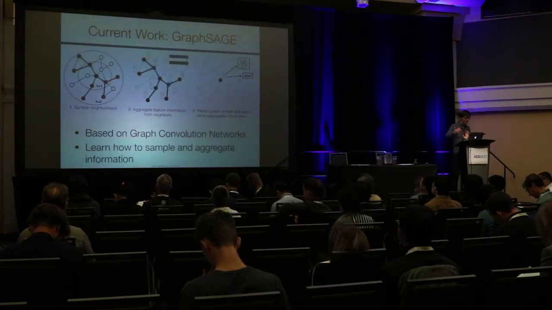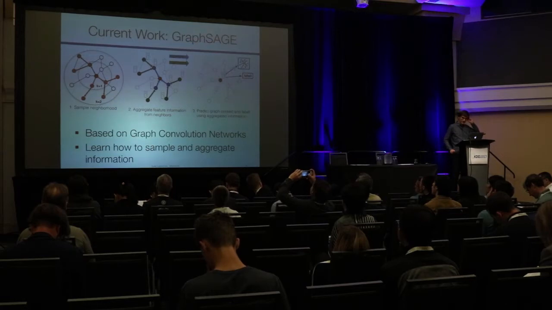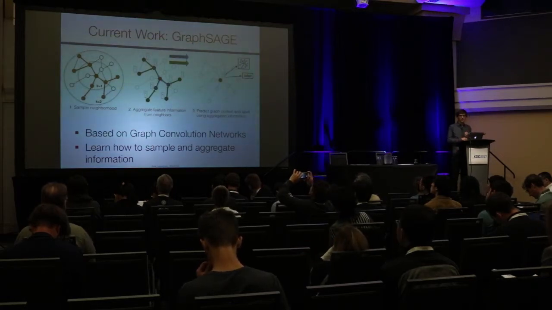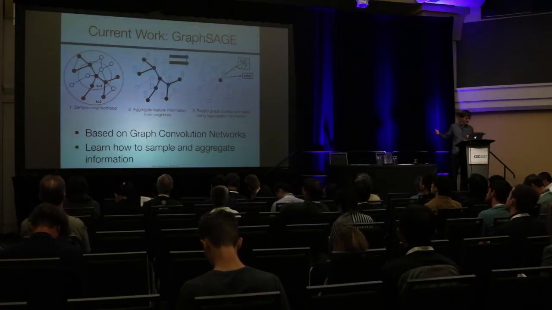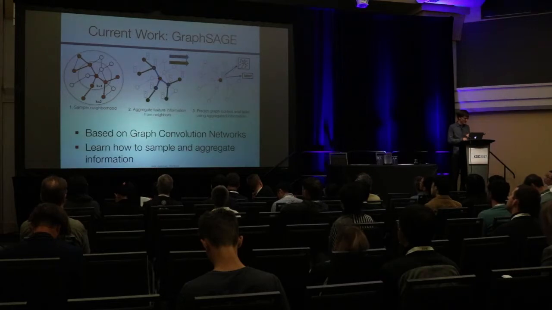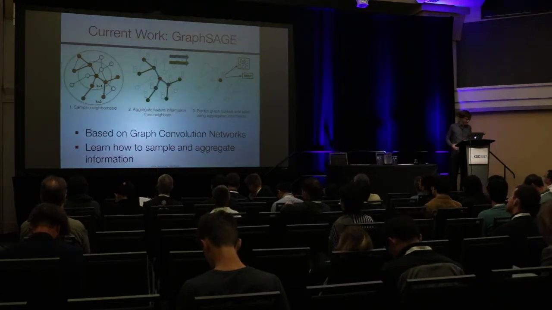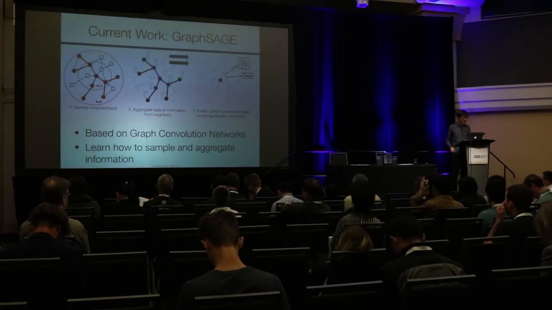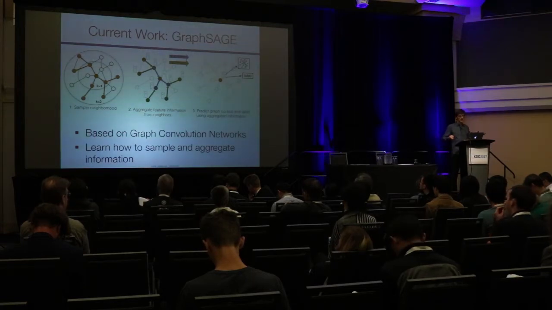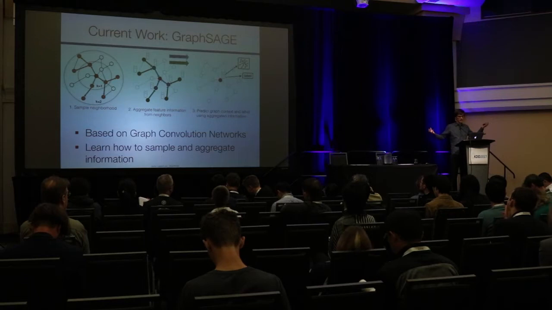Right now, we are working on a very different set of approaches which are based on graph convolution networks. I won't say more, I just have one slide. There is a paper we have on arXiv called GraphSage that will likely be accepted soon. The idea here is that rather than saying, I want to predict my neighbors, you say every one of my neighbors has some features, already has some coordinates assigned.